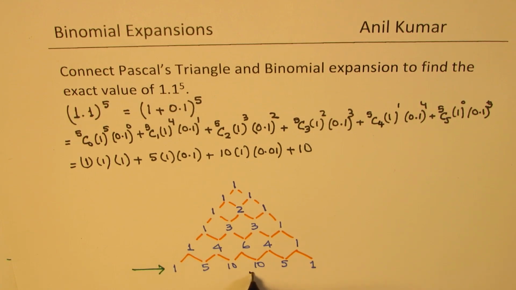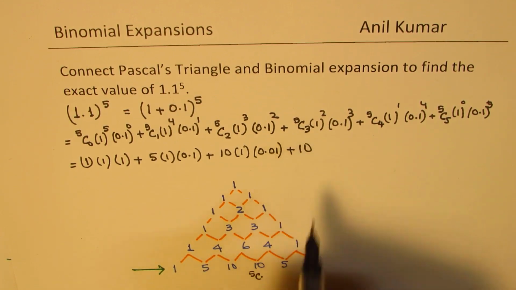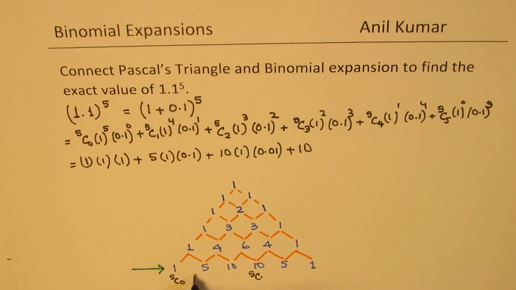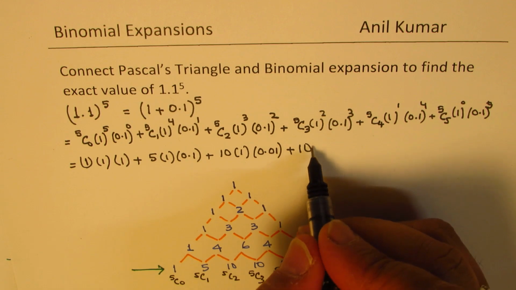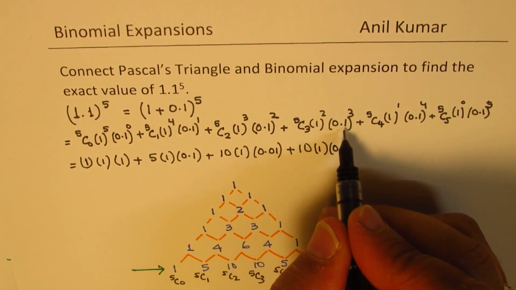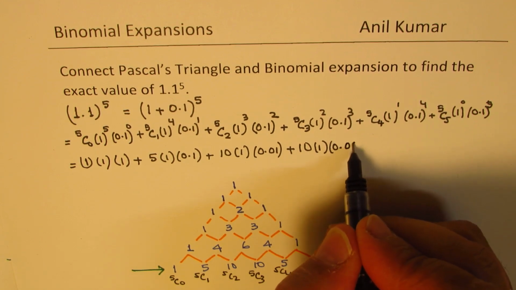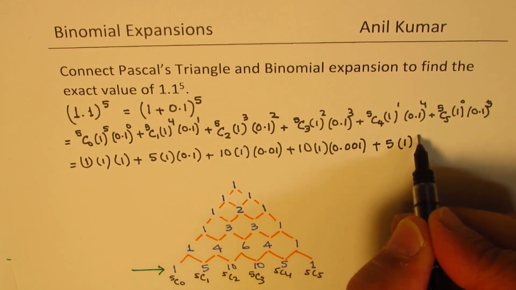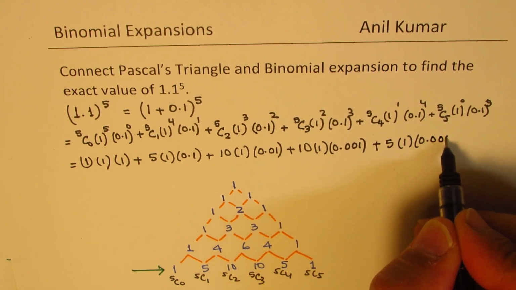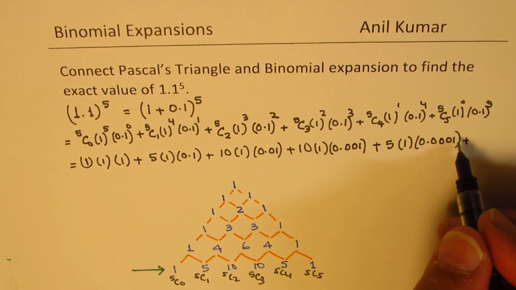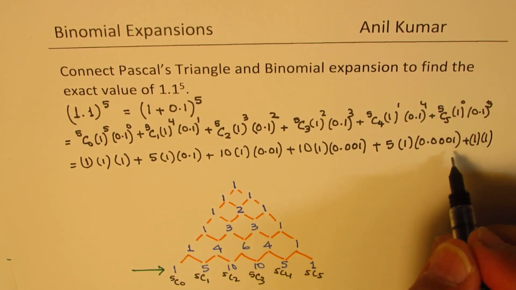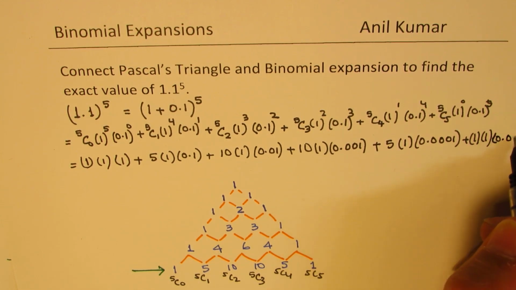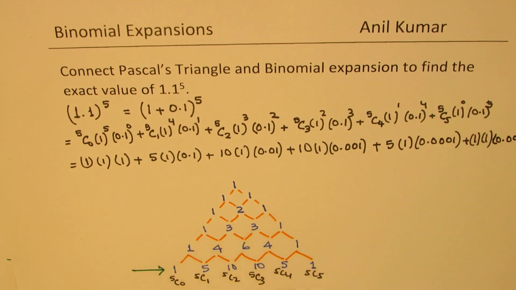So let me write 5C0, 5C1, 5C2, 5C3, 5C4, and this is 5C5, correct? So we get 10 times 1 times 0.001, 3 decimal places, plus 5 times 1 times 0.0001, 4 decimal places, and then here we get 1 times 0.00001, correct?